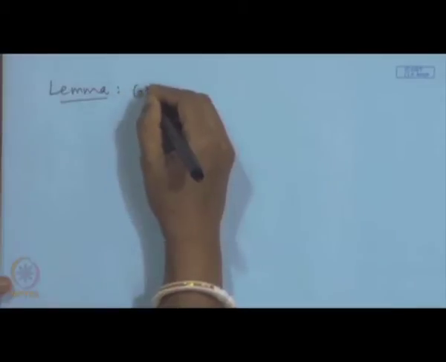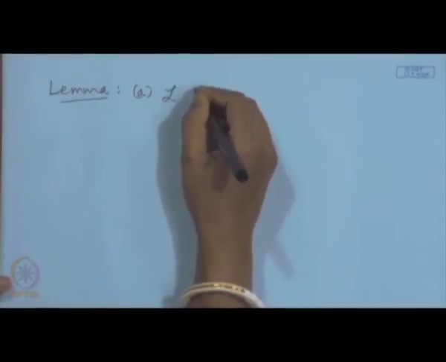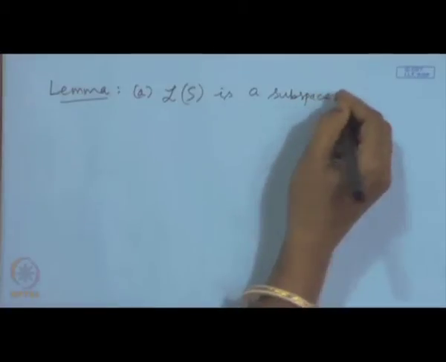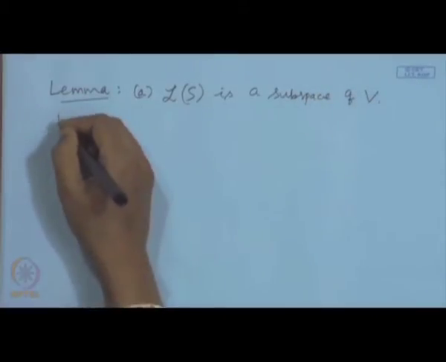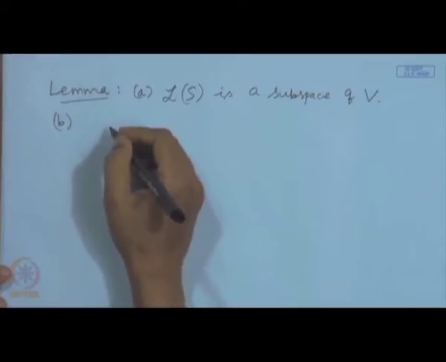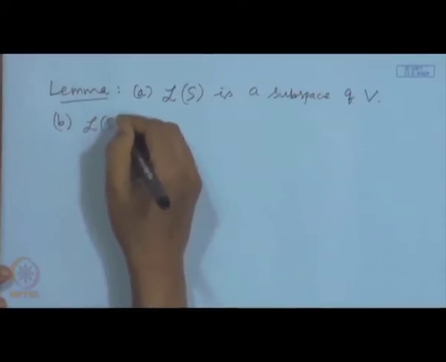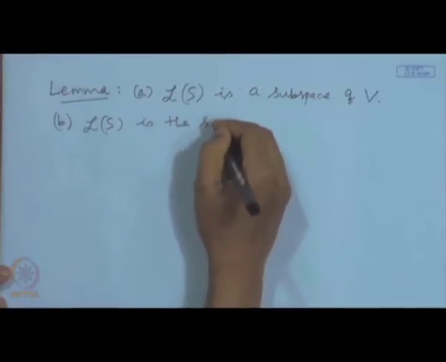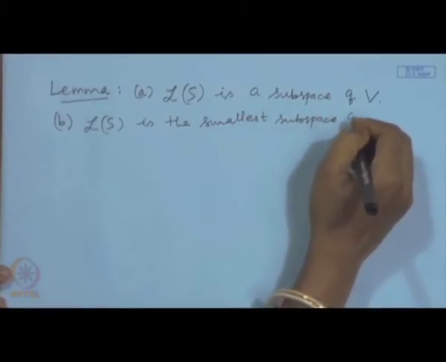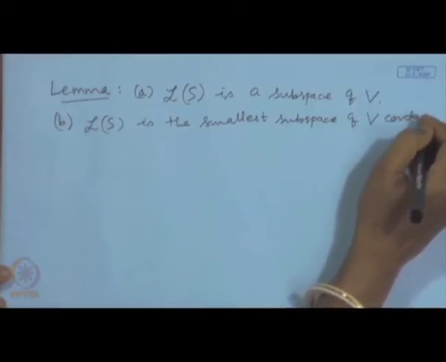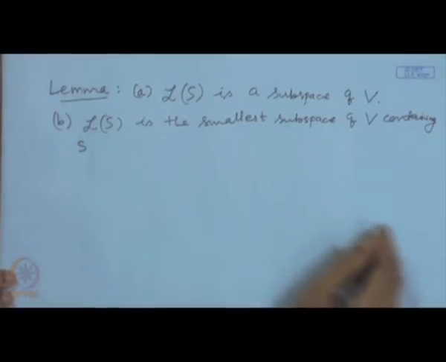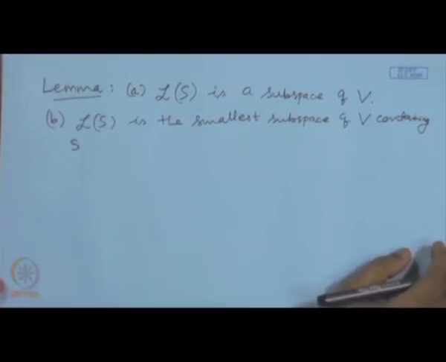First property: LS is a subspace of V. And the second result is that not only is this a subspace, LS is the smallest subspace of V containing S.